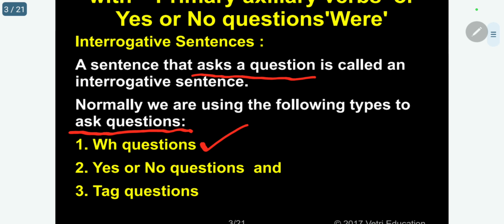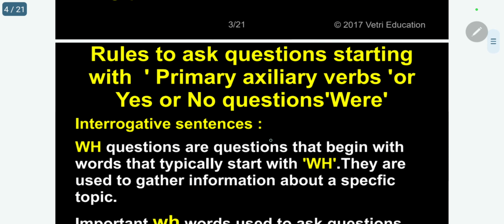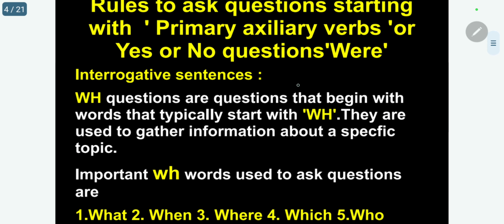Under the yes or no questions, I am now going to discuss the primary auxiliary under the be verb, past tense, plural, were, W-E-R-E. Tag questions we will be discussing later. So let me concentrate only on yes or no questions today.